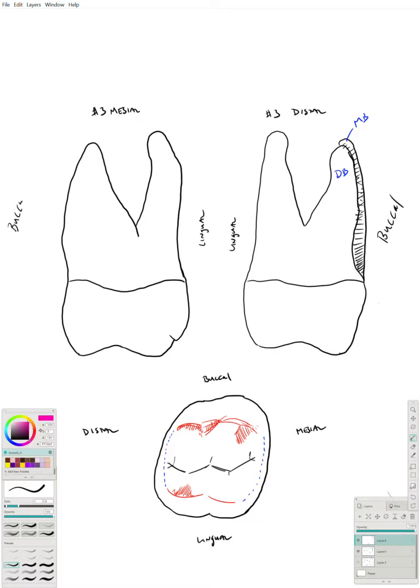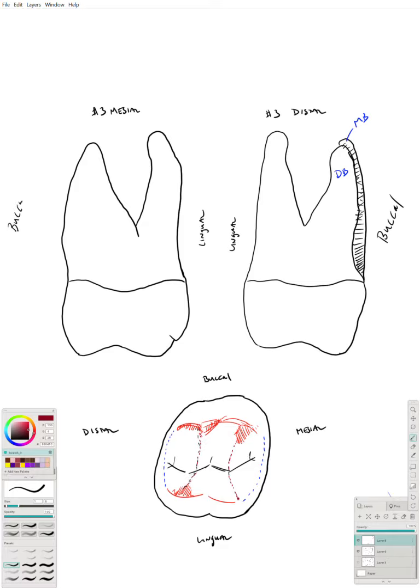And then I'll just use a little darker red. We'll do a maroon. There we go. And then we're going to have our triangular ridges that make up our transverse ridge that play into our cusp tips here. Like this.